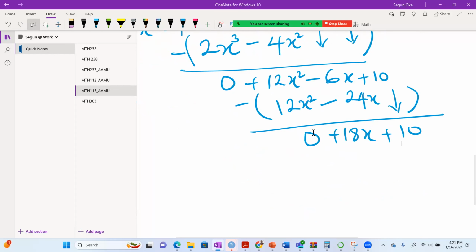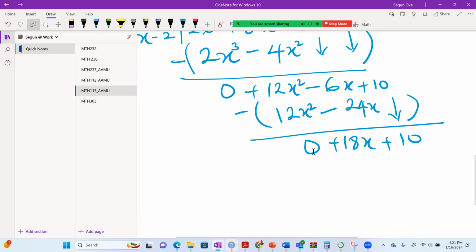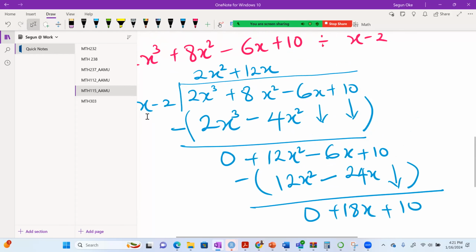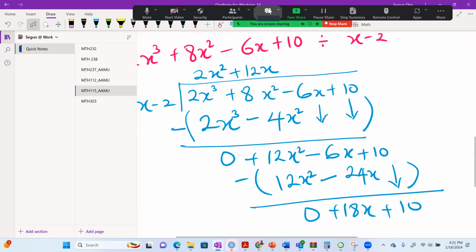I hope I'm communicating. So the next thing we need to do here is just to go back to the same x divisor. How many x is in 18x now? Can someone put it in the chat? The way we did the one of 12x squared, can we do the one of 18x there? So what do you have?